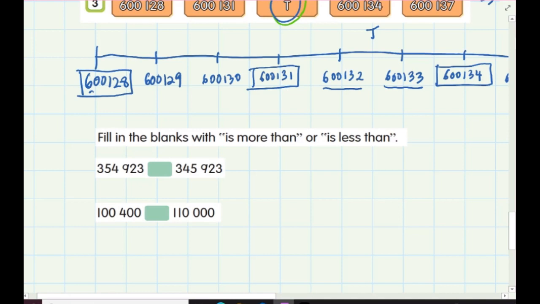Look at the value of this number, also this number. So, which one is bigger, which one is smaller? So what is the word you have to write down here for A? Yeah, is more than.